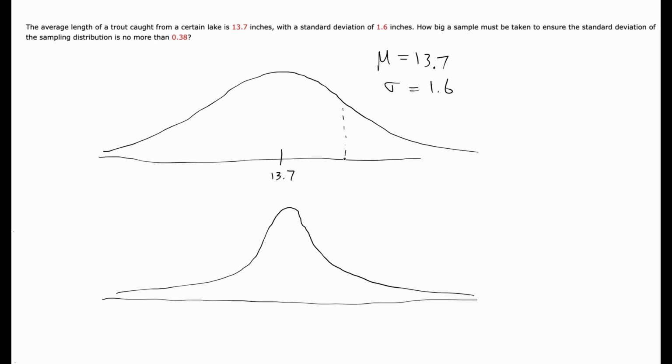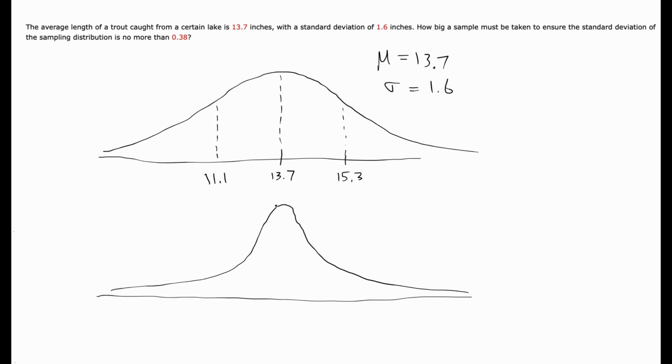So that means we'd have 15.3 here, and if you subtract 1.6, you'd have 12.1. And the sampling distribution would have a mu of 13.7 there.